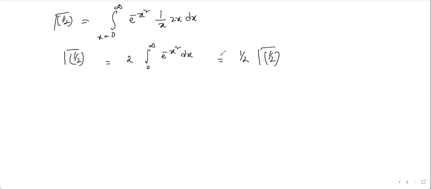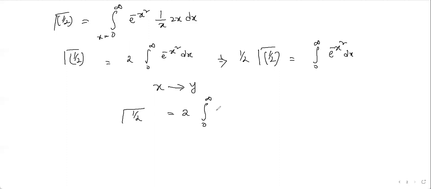Now this is equal to half of gamma half, which is the integral from 0 to infinity of e to the power of minus x square dx. Now let us change the variable x to y. By changing x to y, we have gamma half equal to 2 times the integral from 0 to infinity of e to the power of minus y square dy.